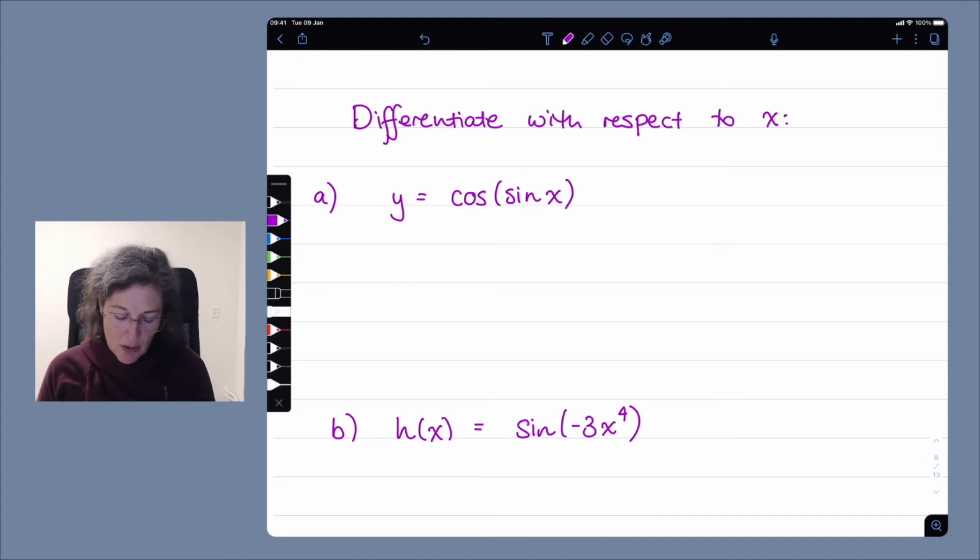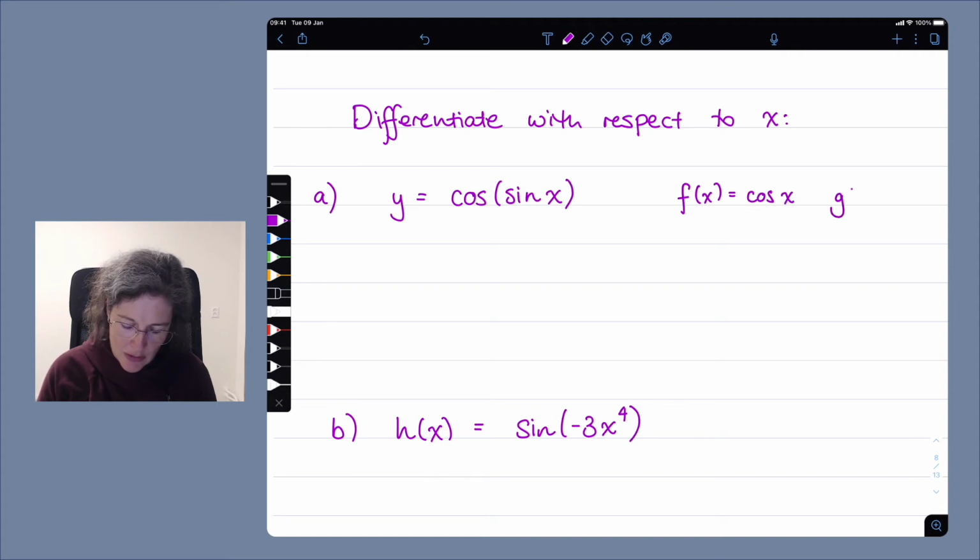So we've got our function cosine of sine of x. If we were to write this as a composite function, we'd let f of x be equal to cosine of x, and we'd let g of x be equal to sine of x. And then our composite function is f of g of x.